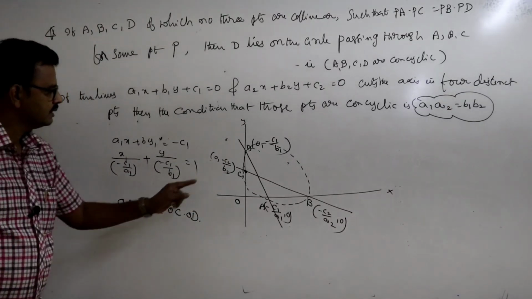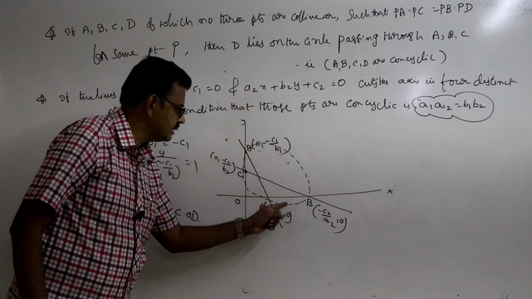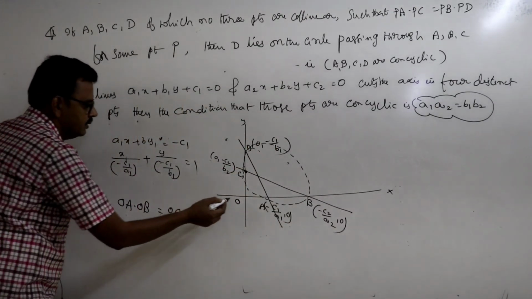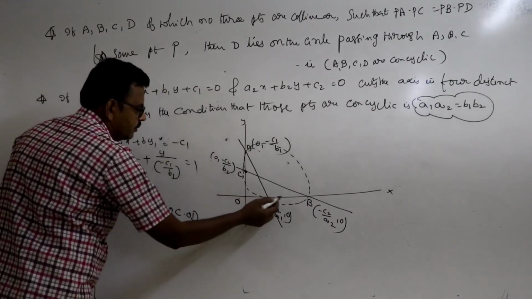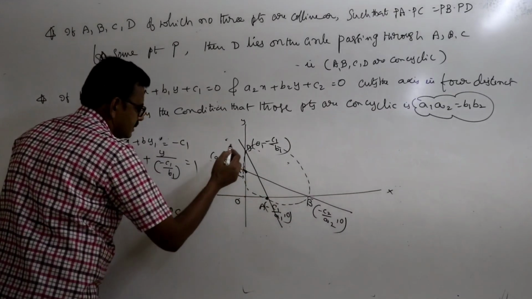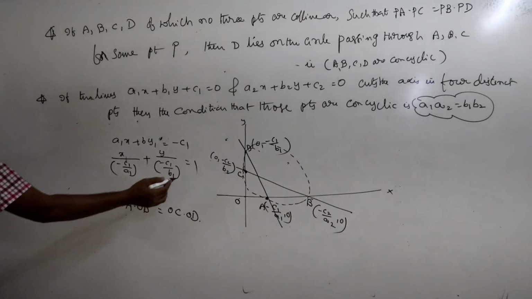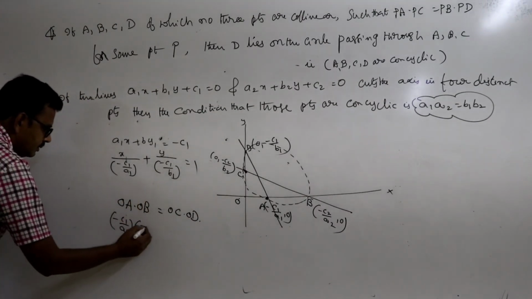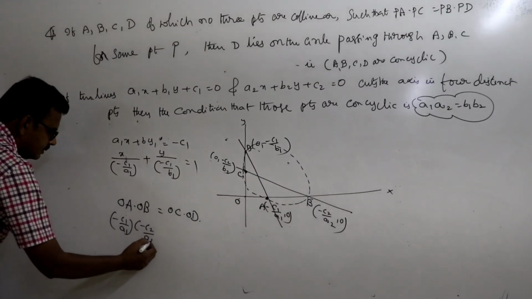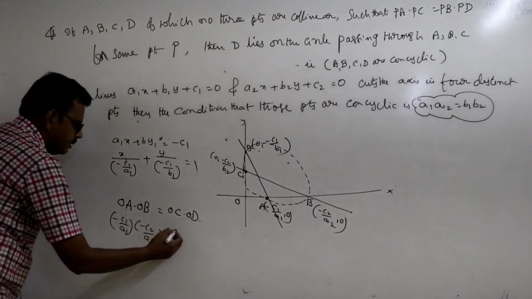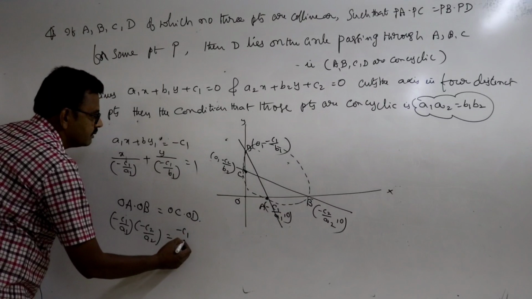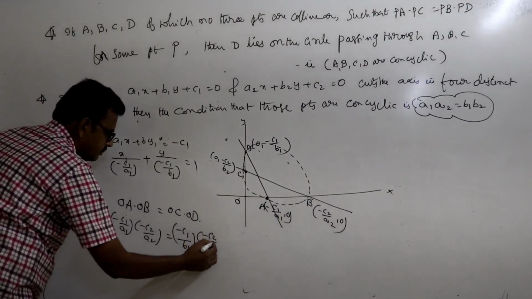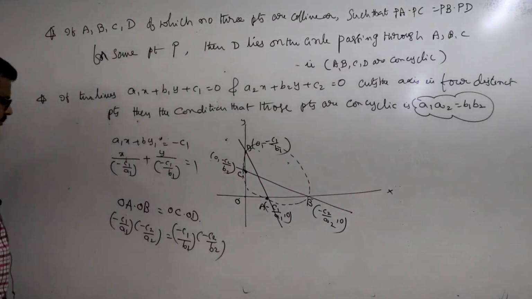Since the points are concyclic, therefore take OA into OB equal to OC into OD, where OA is minus C1 by A1 into minus C2 by A2 is equal to minus C1 by B1 into minus C2 by B2.